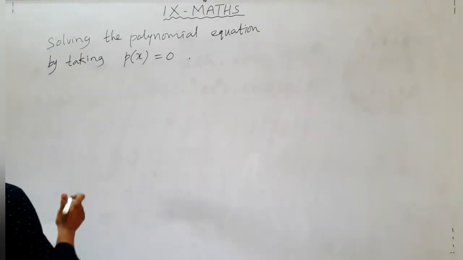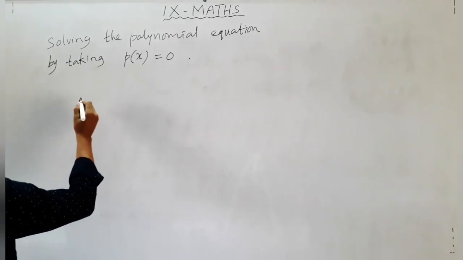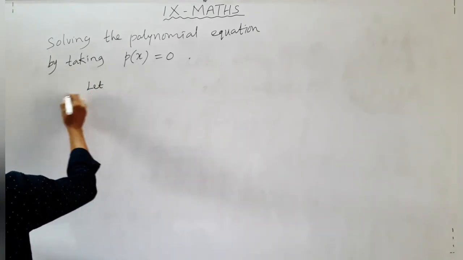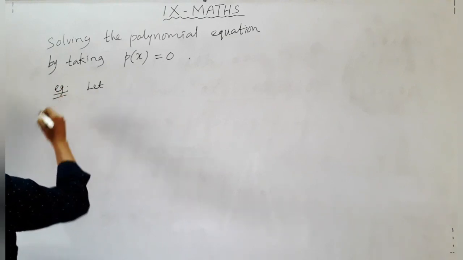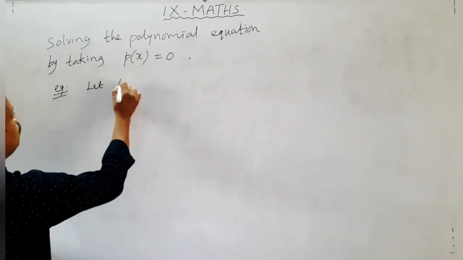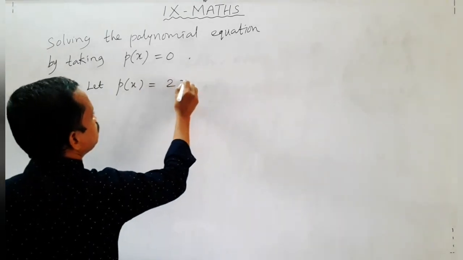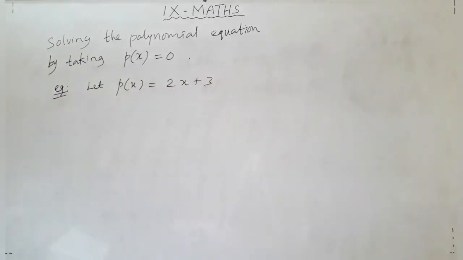The steps. Okay. So let's take an example. Let's take any polynomial p of x equal to 2x plus 3.